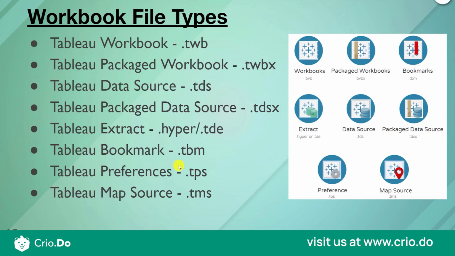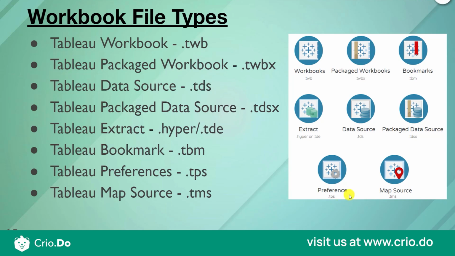If you have a .tps file stored in your documents folder in Tableau, it will be picked up in your main dashboard whenever you're building something. And mostly they are used for colors, etc., and some preferences mostly related to formatting.